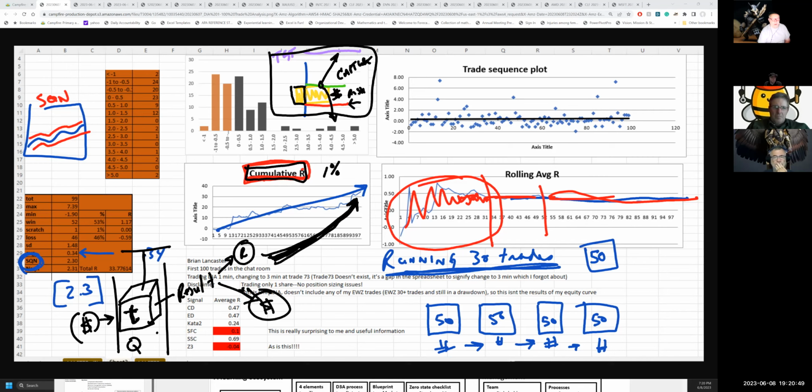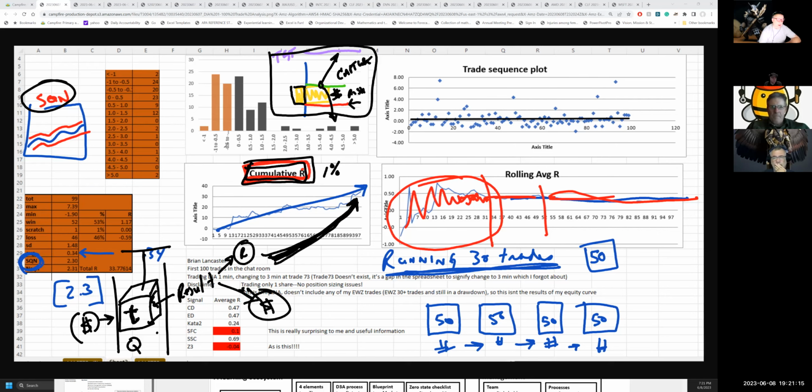You might be large enough that you're moving the price around, or you may get bad fills because there's not enough guys on the other side of the trade to give you one constant price. But if you're trading large caps, of course, that's not going to be an issue. So having the cumulative R is important because it allows you to examine strictly the system quality number.